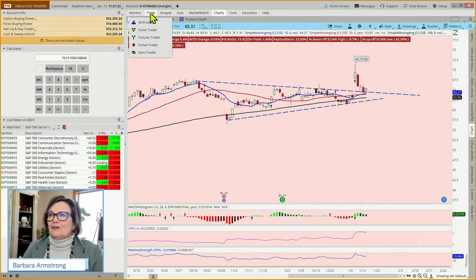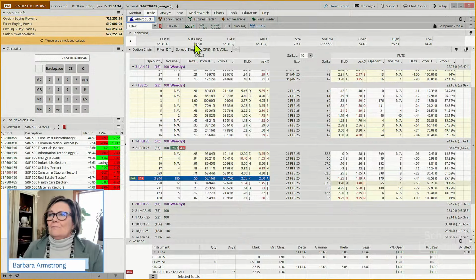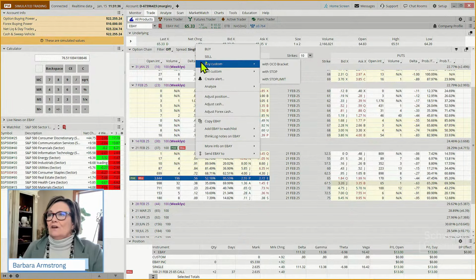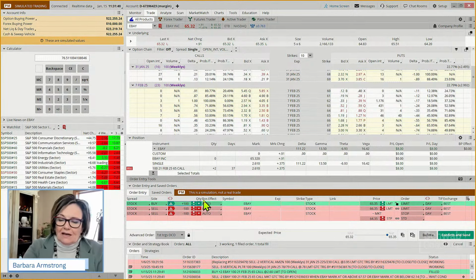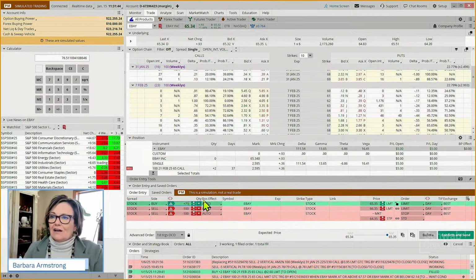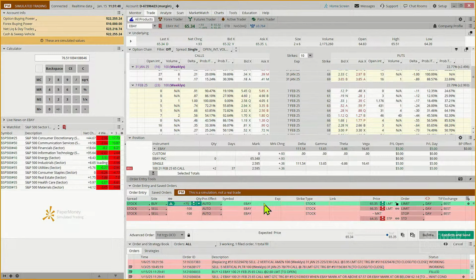So we're going to come to the trade tab. We are going to buy shares, and we are going to buy custom with an OCO bracket. We're not buying 100 shares. We're buying 75, and we're turning our firecracker into a paper clip. And then when I hit enter anywhere, it will make these the same. And then we're going to make our target here 71.